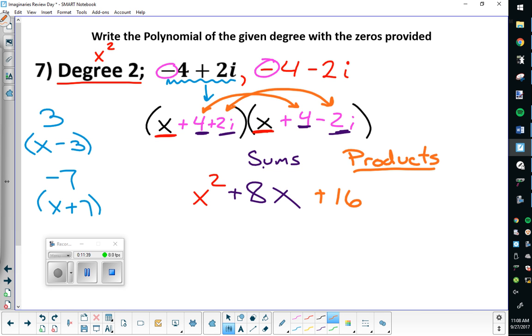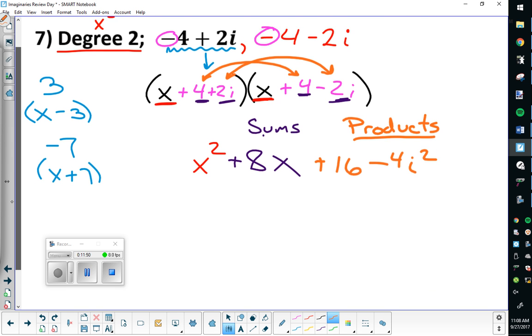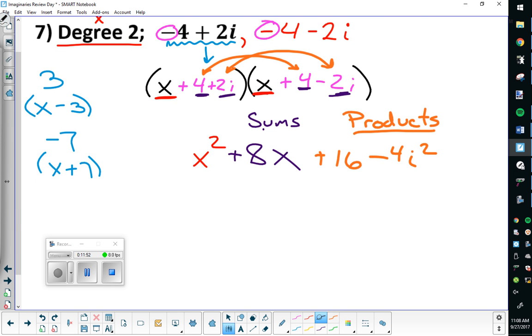I'm going to write out the long version, which is negative 4i squared, because 2 times negative 2 is negative 4, and then you've got an i squared. Okay, but Maddie's good at this. She knew what the next step was. She knows that she can simplify this. This is x squared. This is plus 8x. And then she's got plus 16 minus 4i squared. What do I put instead of i squared?